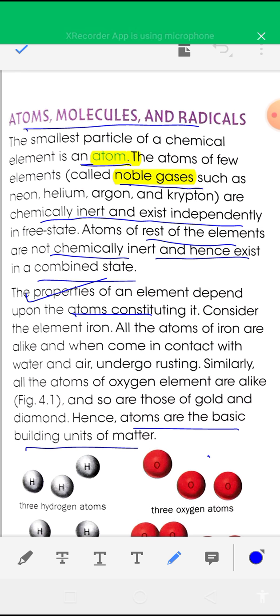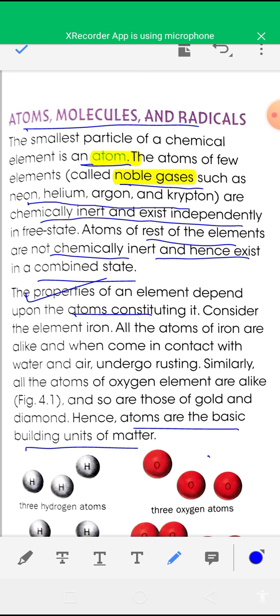Examples of noble gases are neon, helium, argon, krypton. Atoms of these elements are chemically inert, and they can exist independently in the free state. Atoms of the rest of the elements are not chemically inert, they are very reactive.